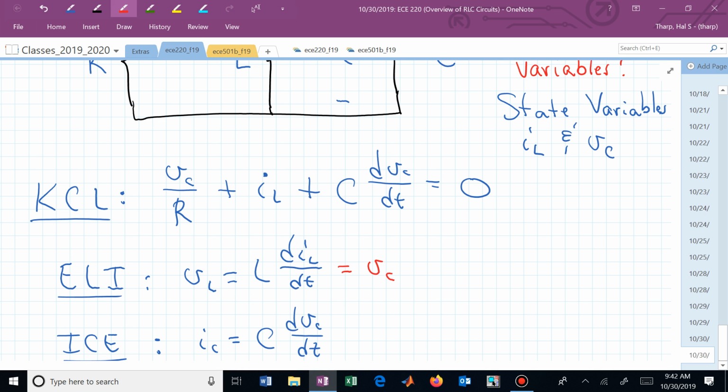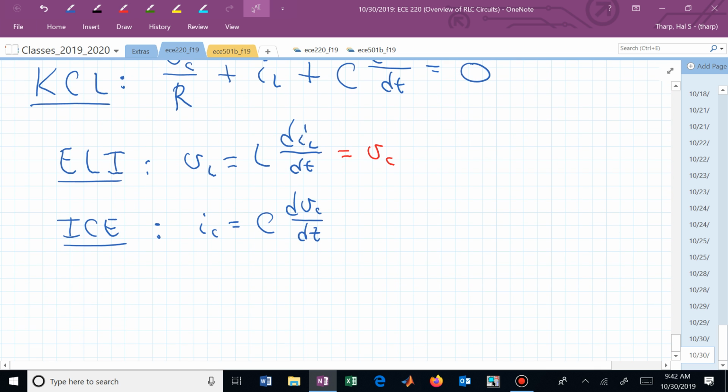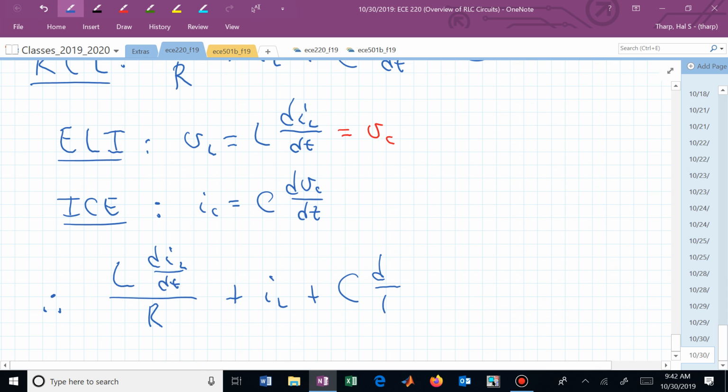So V sub C is the same as V sub L. Now wherever we see V sub C, we can write it in terms of the first derivative of I sub L with a scaling factor of L. Or now we have V sub C, which we're going to replace with L di dt, over R, plus I sub L plus C, and now we need to differentiate V sub C, but that's just L di sub L dt.